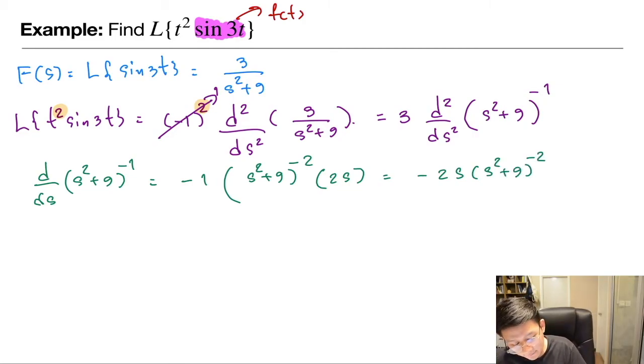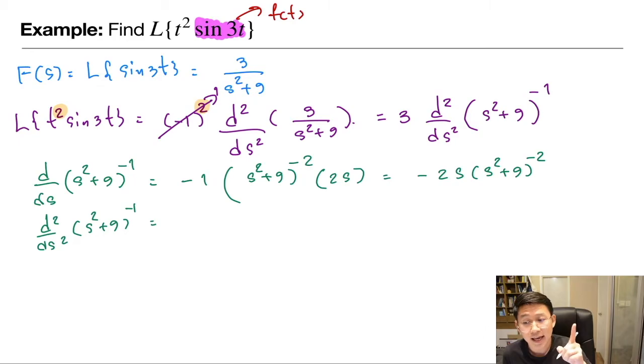After that you need to take the second derivative, which means that you need to differentiate this function again. To differentiate it again, I'll take this as u and this as v.